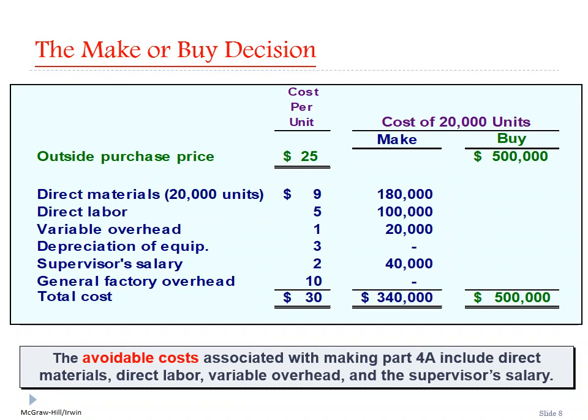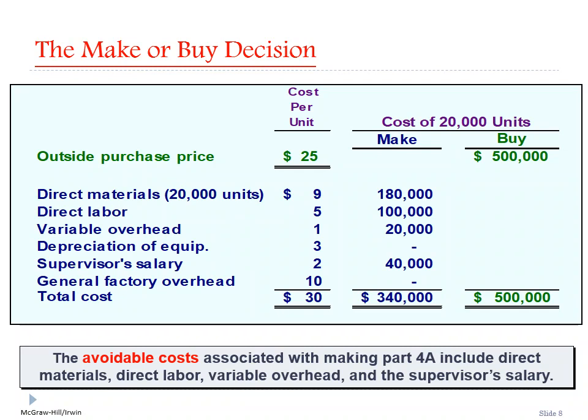So the total cost of making this part equals 340,000, and the total cost of purchasing this part equals 500,000. Let's see the details.